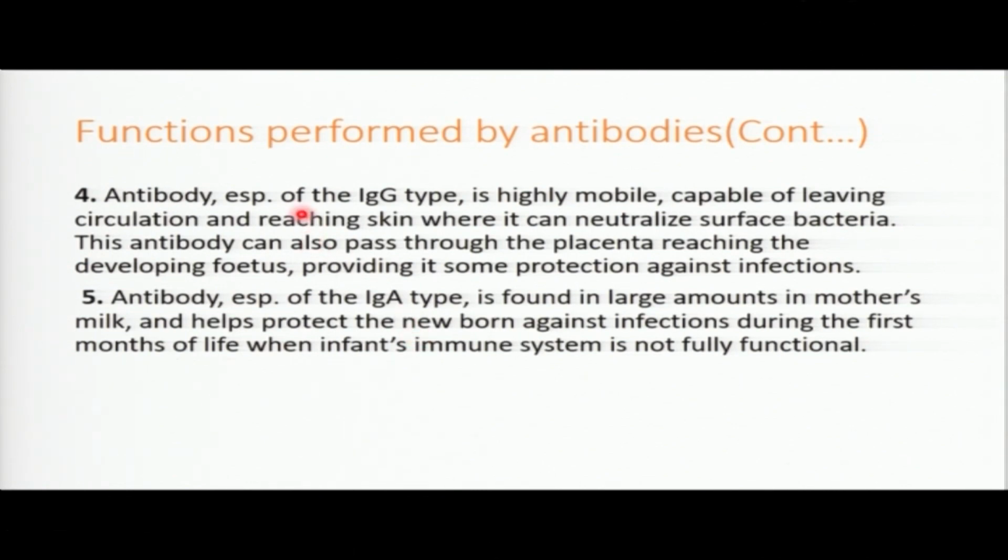Number five, an antibody like this immunoglobulin G type is highly mobile, capable of leaving circulation and reaching the skin, where it can neutralize the surface of bacteria. You see, we have some bacteria that are mobile. They can move through the blood and reach the skin, where there are bacteria, germs, and viruses.